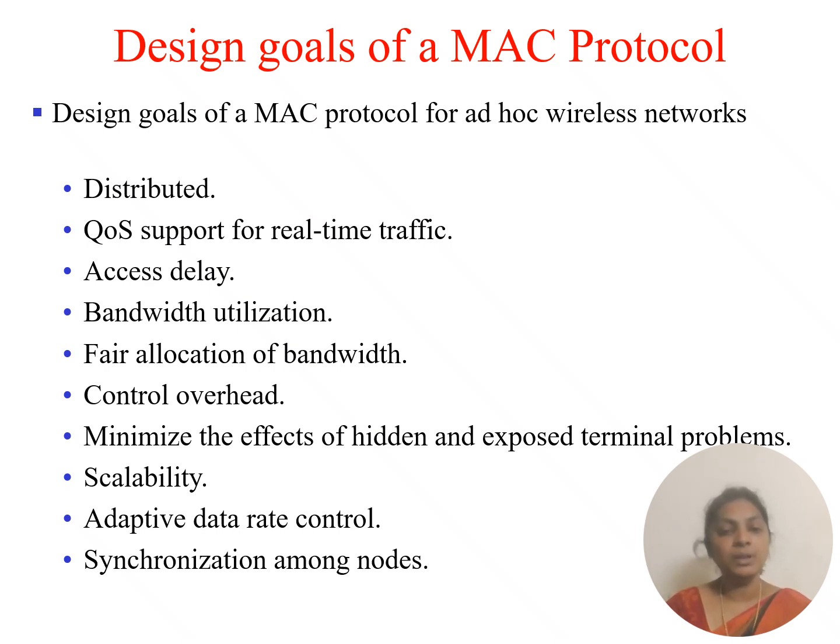So when both are happening simultaneously, then only the data loss will be avoided. So these are the design goals that have to be considered before we design a medium access control protocol for mobile ad hoc network. It includes considering all the characteristics of the mobile ad hoc network as well as the common issues that happen in wireless communication.